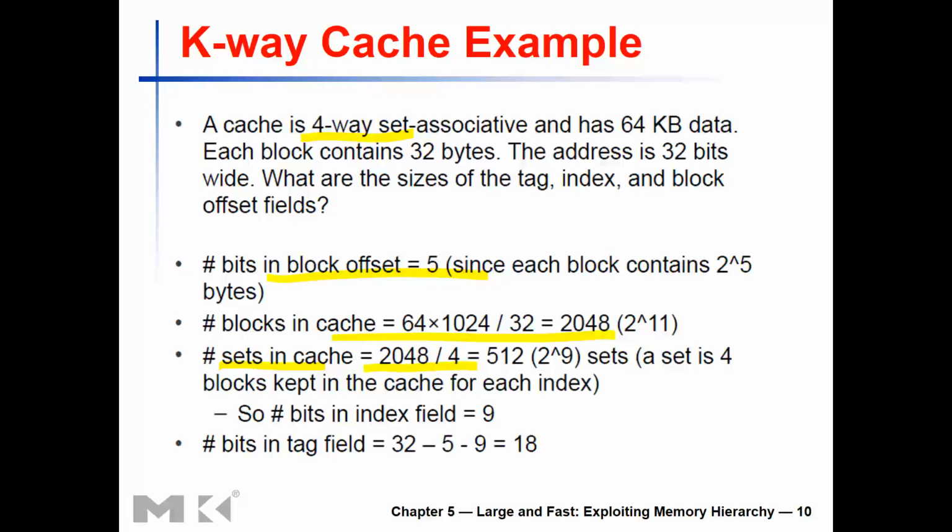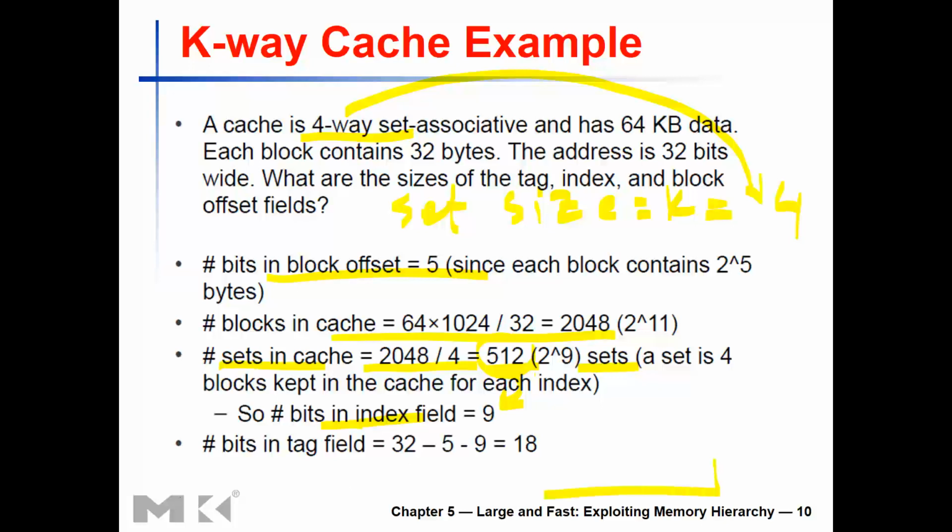Since it is now 4-way, the set size equals K, and in this case K equals 4. So the number of sets equals 2048 blocks divided by 4, which gives 512 sets. The number of index bits is the log base 2 of this number, and I get 9 bits.